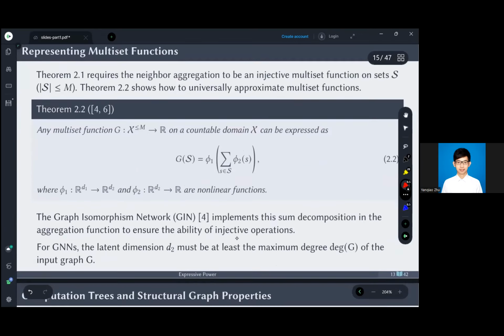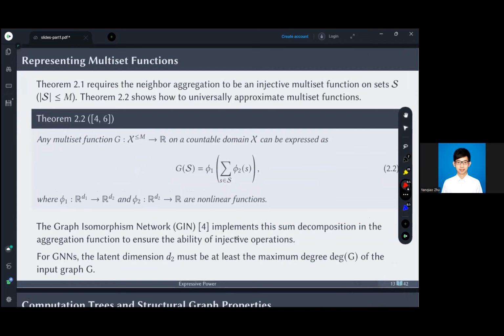Okay, because in theorem 2.1, we require that the neighborhood aggregation, the update function and the readout function should be injective multi-set functions, right? So how can we represent a multi-set function in terms of neural network language? Here is another theorem showing how to universally approximate a multi-set function with, for example, multi-layer perceptrons.